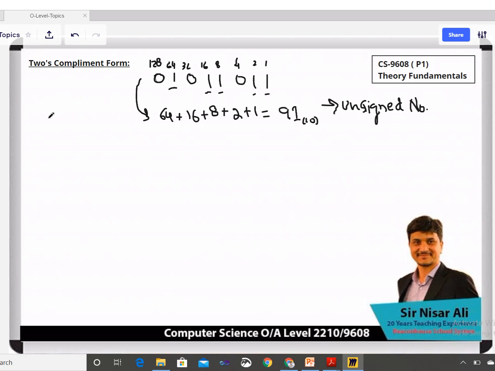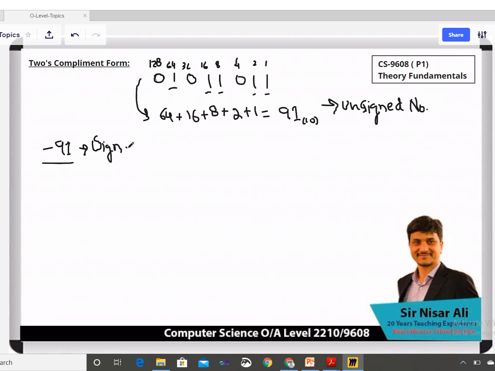Now when we have to deal with negative numbers, for example minus 91, what do we do to represent a number in negative form?